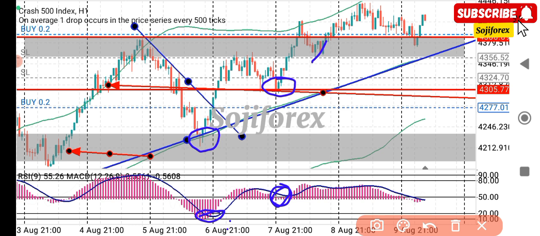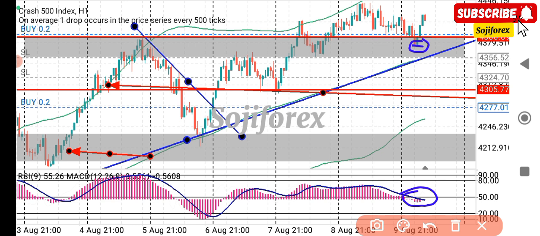Here, we are not going to have an entry. And of course, even if we are to have an entry here, we'll go to a lower time frame, which is a 50-minute time frame, and see where the MACD line is. Look at this one. I had this entry here. Why? Because price retest this level of support.